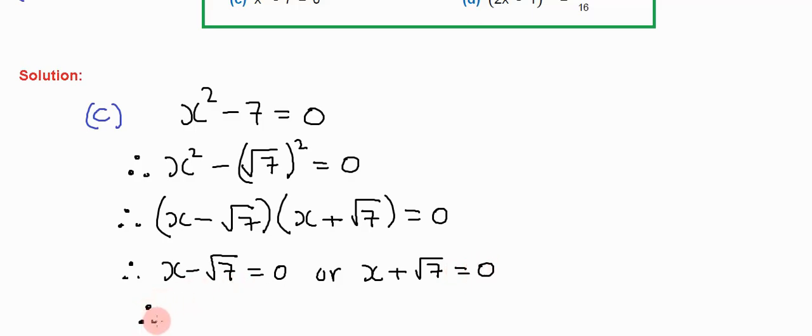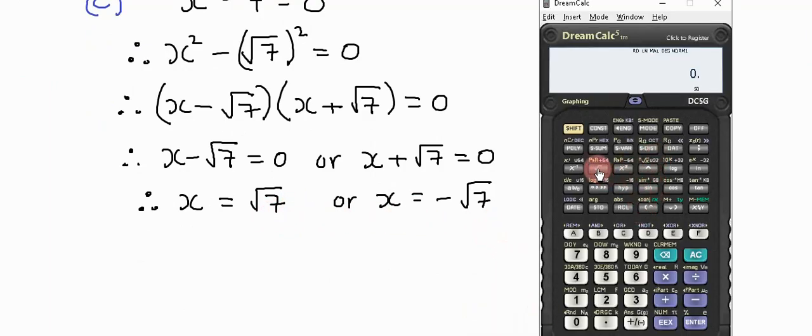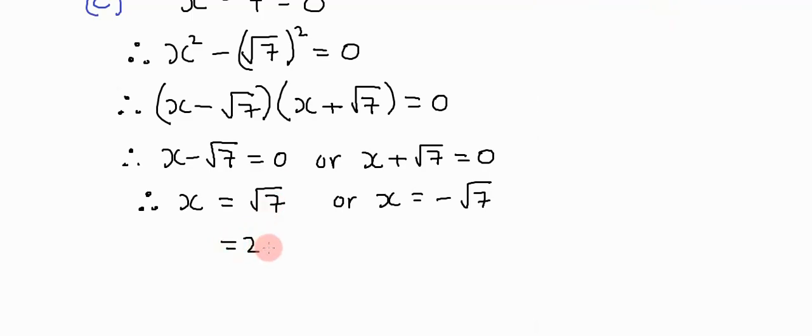And then solving for x is equal to the square root of 7, or x is equal to the negative square root of 7. And of course we can solve this on a calculator, correct to 2 decimal places. So the square root of 7 here is 2,64 or 2,65. So let's use 2,64. So x is 2,64 or x is negative 2,64.